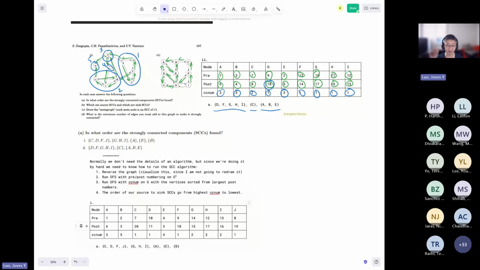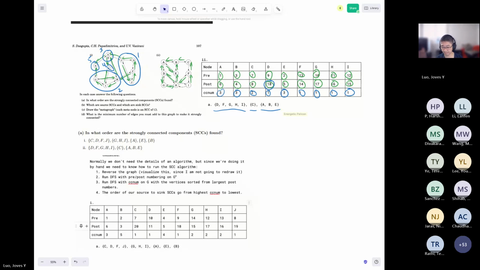And so they're not wrong, they're just different. It's not a wrong CC num, they're just ordered differently, and that's fine. The topological ordering may also be different, but it will be consistent with the rules of topological ordering, and the SCCs might be numbered differently, but they will consistently be the same SCCs grouped together.